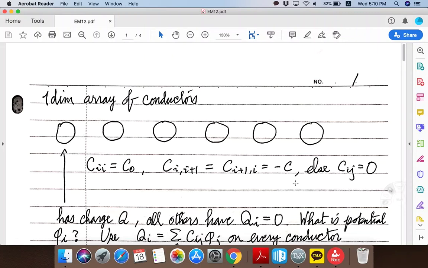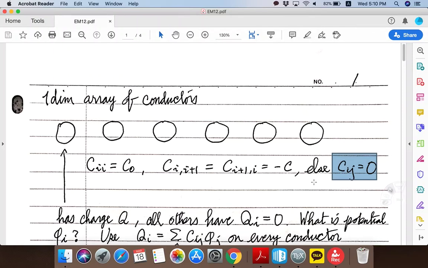And the mutual capacitance between neighboring conductors is negative, as we mentioned earlier. And for all the other cases, the capacitance should be zero according to our assumption.